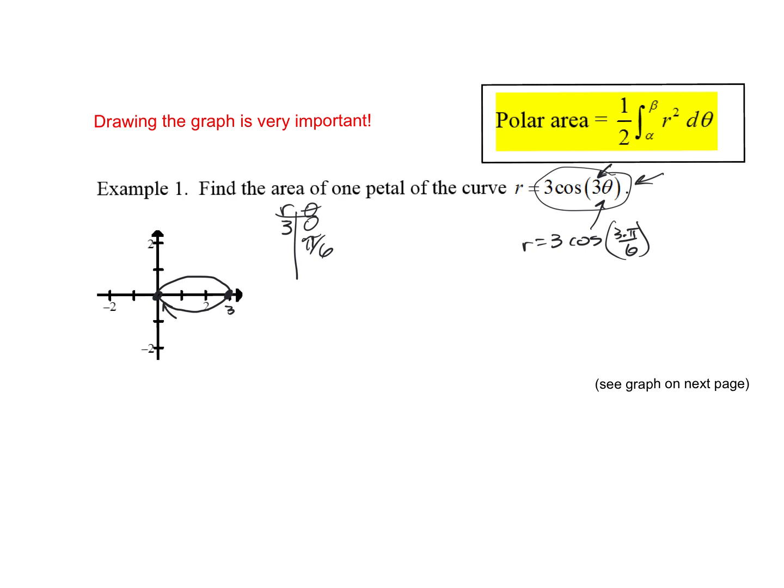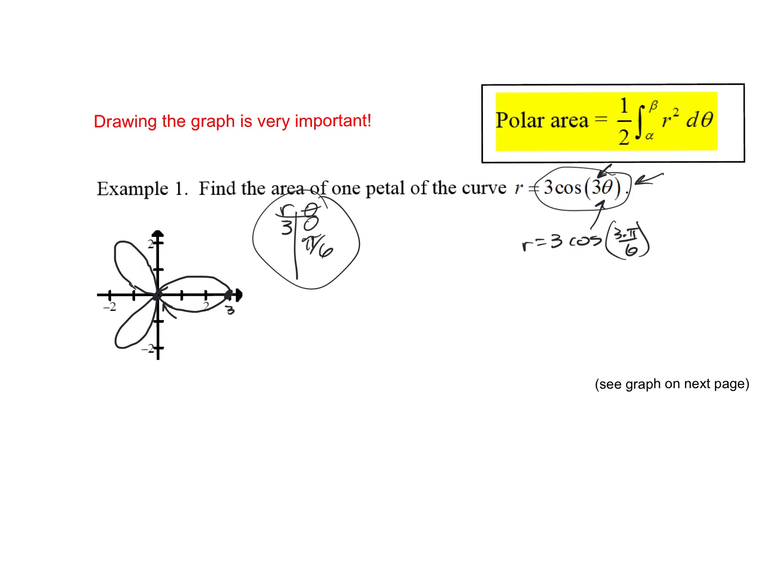It ends up going something like this, kind of an idea out there. That's not a perfect picture. They're supposed to be all the same size petals there, but you get an idea of what's happening there. You could plot points if you want to get more points on there, but really you need to know those graphs. So you need to know which ones are symmetrical where and how many petals and all that kind of stuff.